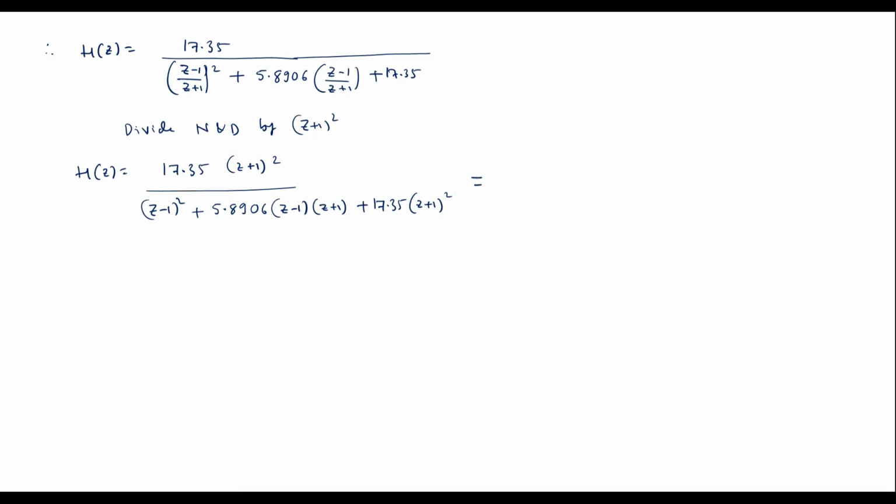So simplifying this further, 17.35, simplifying this, z square plus 2z plus 1, and on the denominator side we have z square minus 2z plus 1 plus 5.8906 into z square minus 1, as here it is of the form a minus b, a plus b, giving a square minus b square.